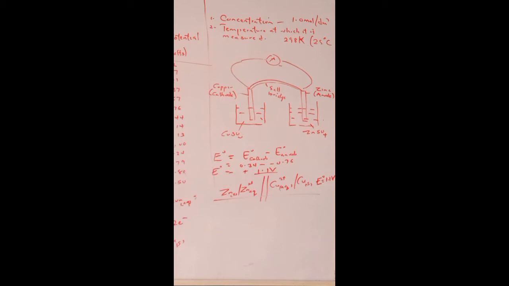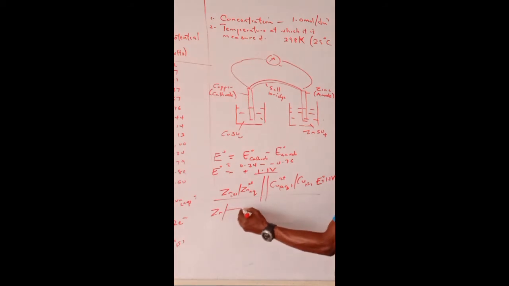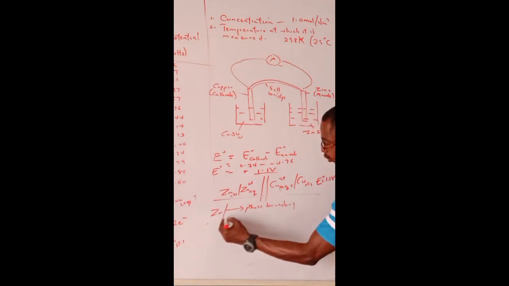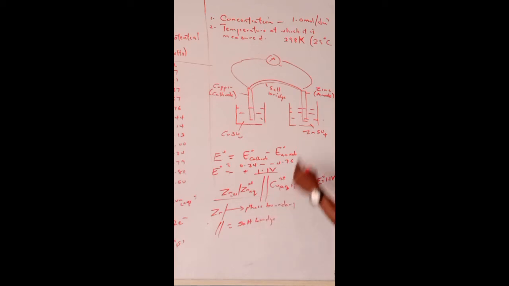What I just said here is this. This single stroke is the phase boundary that shows the transition from zinc metal to zinc ion, or copper ion to copper solid, while the double stroke is what represents the salt bridge. When you are done with this, you will write the electrode potential at the corner: E° equals 1.1 V. This is how we represent this.